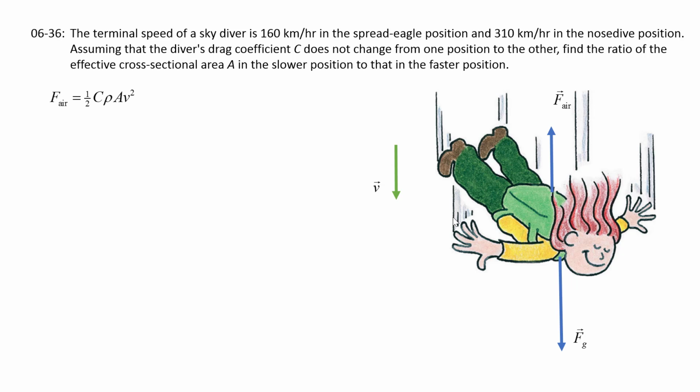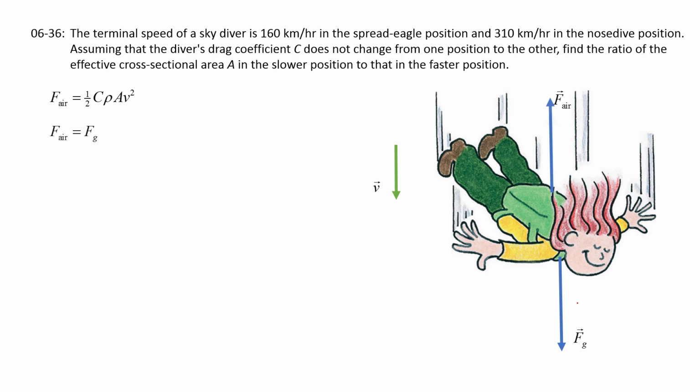And we know there's a relationship that says that force has some constants in front of it, and then it's proportional to the cross-sectional area and the speed squared of the person who's falling. The other thing we know is that if you jump out of an airplane skydiving, your speed will increase until you get to the point where the air resistance force is just equal to the force of gravity.